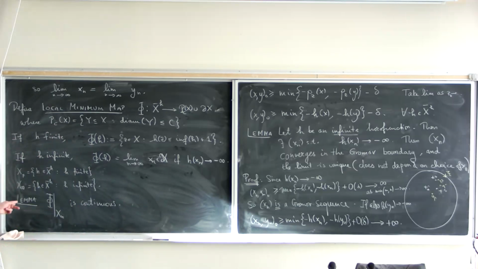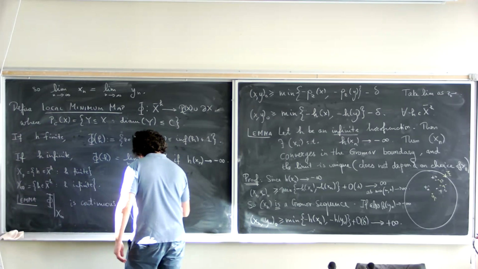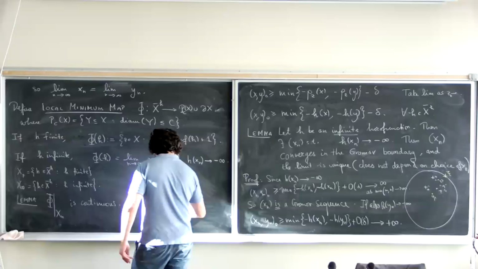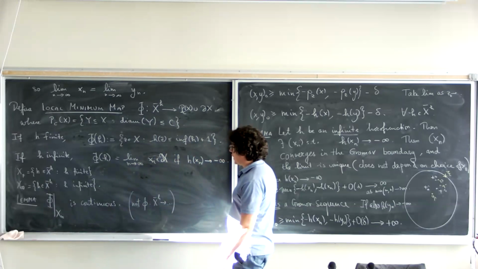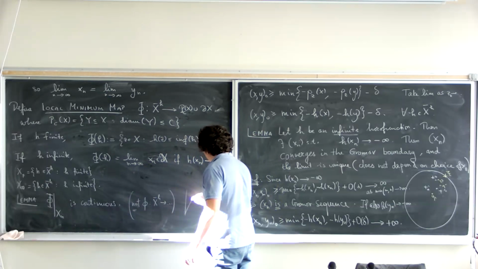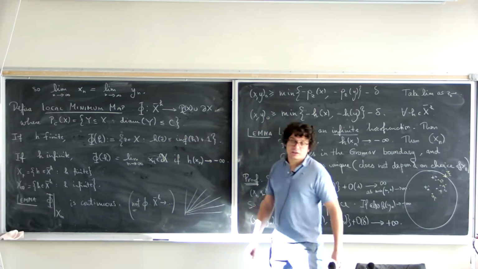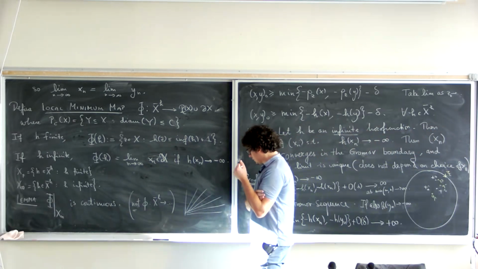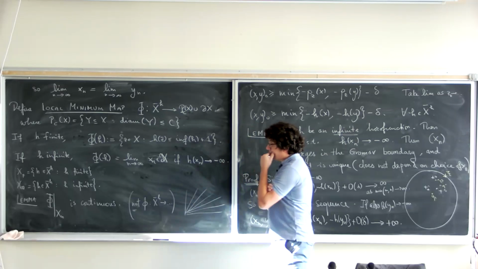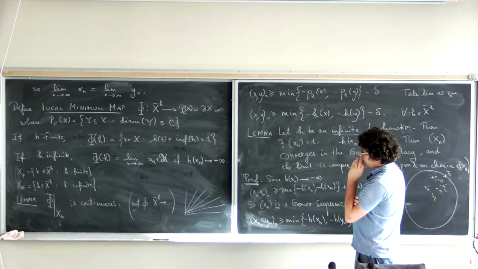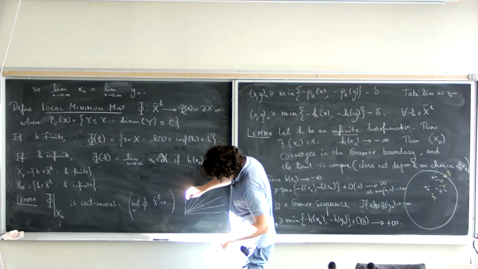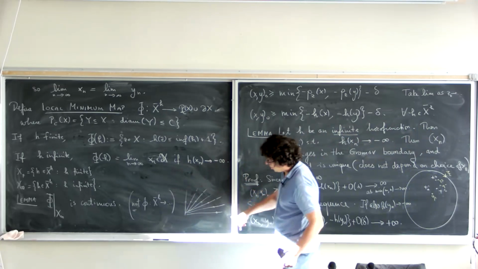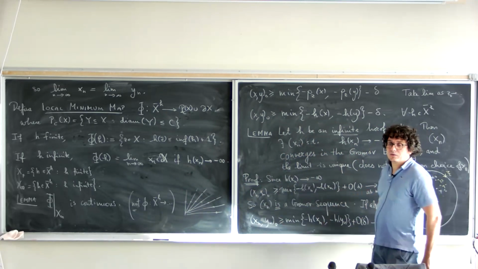Phi globally is not continuous because we recall last time we said that if you have this infinite hydra kind of thing, then you see that the limit of this minimum does not converge in the Gromov sense.